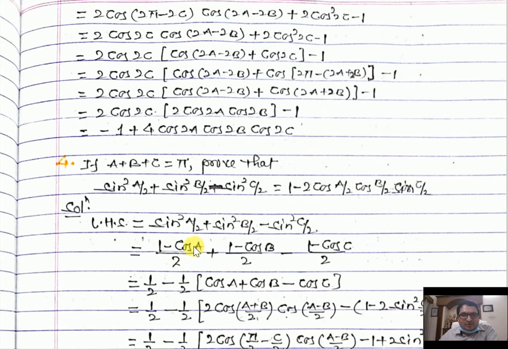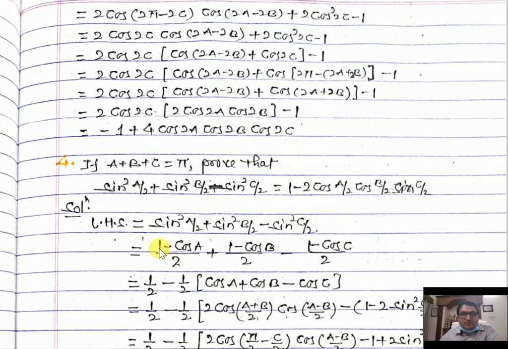So 1 minus cos a, and we know the formula for cos a. Cos a is equal to cos square a by 2 minus sin square a by 2. Cos a equal to 2 cos square a by 2 minus 1, minus 2 sin square a by 2.